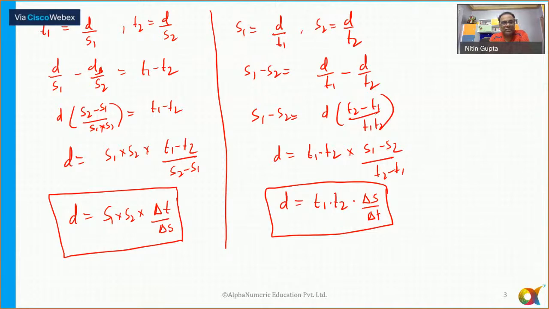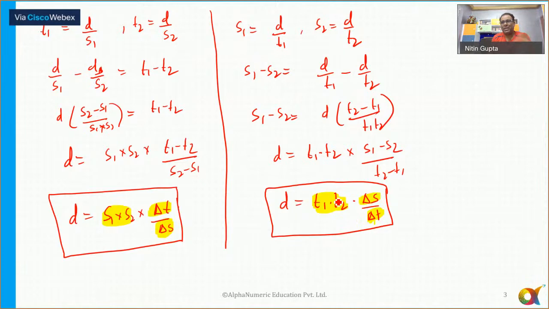So you can see, if the distance is constant, it is equal to the product of the two speeds into change in time upon change in speed, or the product of the two times into change in speed upon change in time. I can easily remember: if it is a product of speed, then in the denominator there will be a change in speed. If it is a product of time, in the denominator it is a change in time.